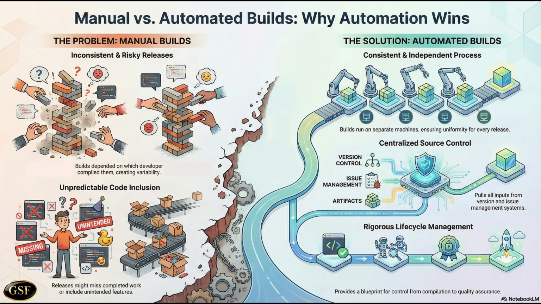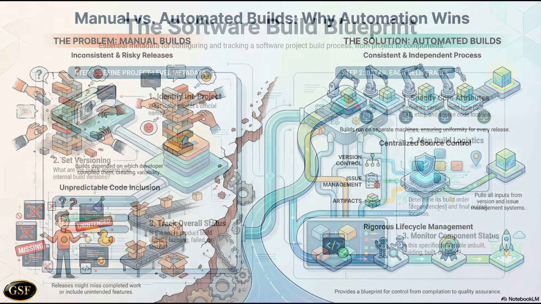Modern software engineering has transitioned to automated build systems that operate independently from a developer's local machine to ensure consistency. We need to look at the essential project metadata required to manage this process, focusing on the high-level identification and versioning of a product.